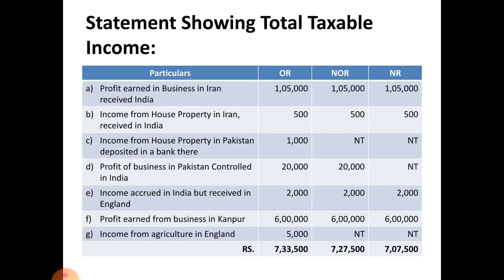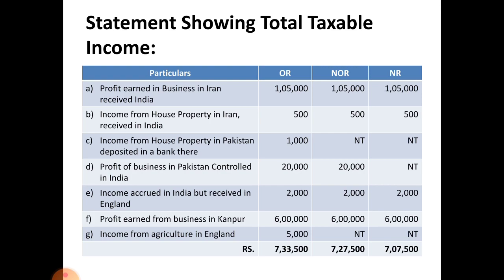First one, profit earned in business in Iran received in India, all three categories must pay tax. Next one, income from house property in Iran received in India, all three categories must pay tax. Income from house property in Pakistan deposited in a bank there, only ordinary resident must pay tax.